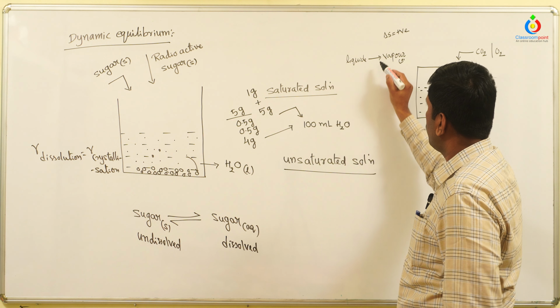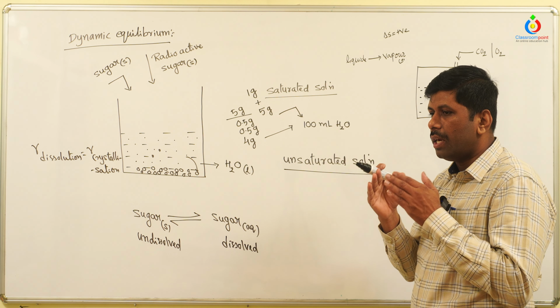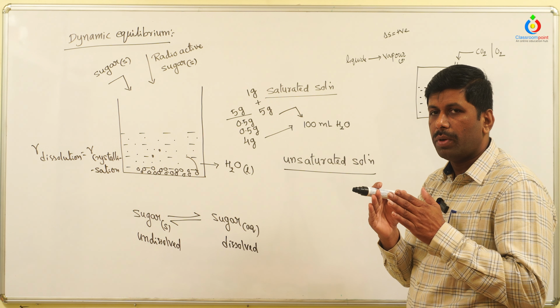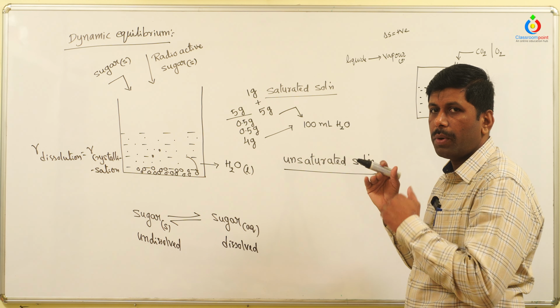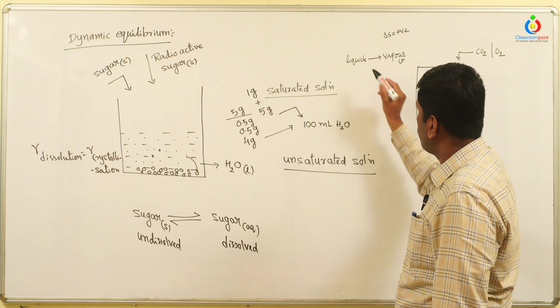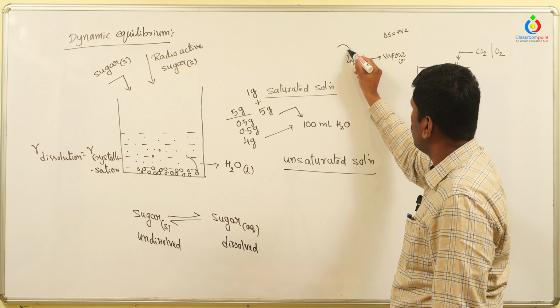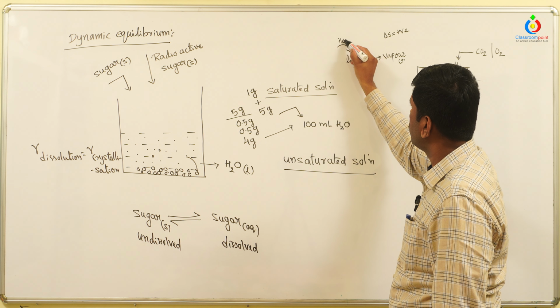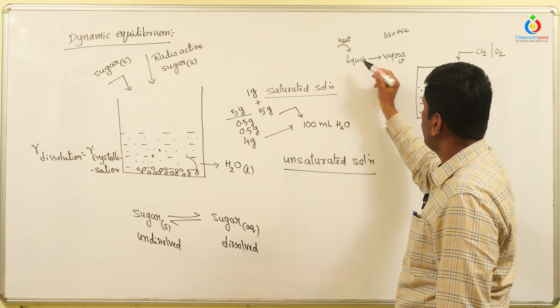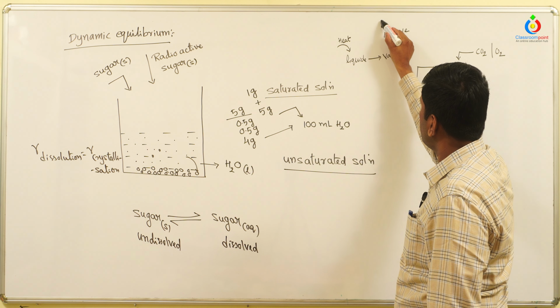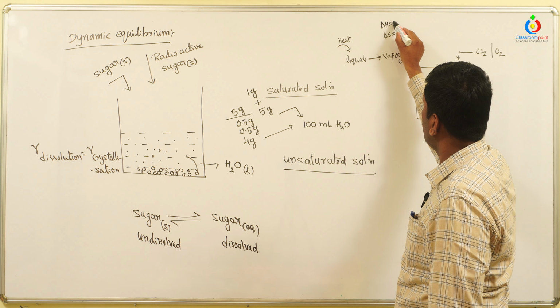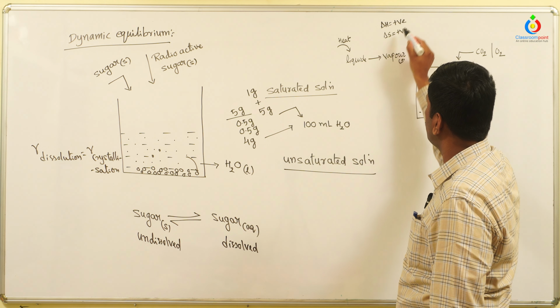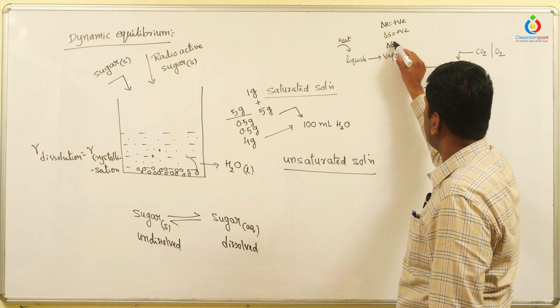Then liquid to vapor means you have to break the interactions present between the liquid molecules and convert them into vapor molecules. For that purpose, you need to give some amount of energy in the form of heat. Then only will the liquid be converted into vapor. That means here it is an endothermic process, delta H is positive. Then what is delta G?